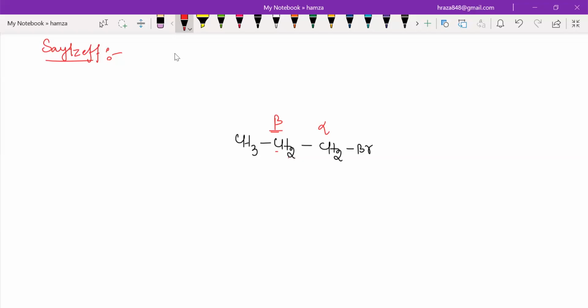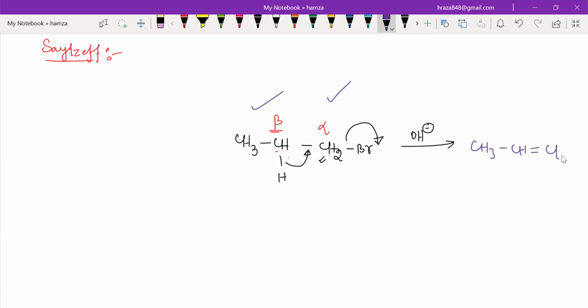So what you need to do is very simple. This is beta hydrogen. So this will take electron from this carbon and this bond will come here. You need to just draw the double bond between the beta carbon and alpha carbon. So what we will get is CH3 CH double bond CH2.